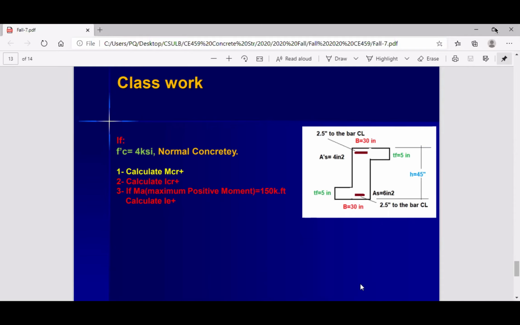Negative moment, doesn't that mean tension on top? Tension on top means negative. But if it's negative, it should be AS, because the tension bar is AS. A prime S means compression bar. So is this a negative moment or positive moment? Positive. Why? You have compression. Look at this. This one will give us the compression. A prime is for compression.